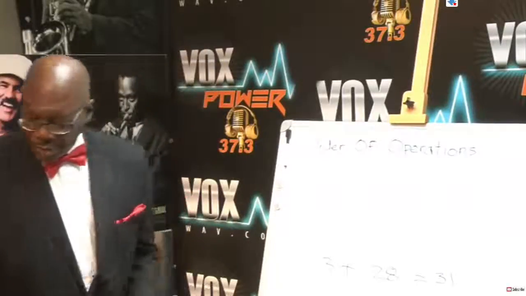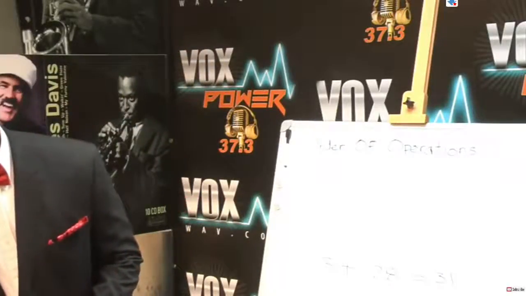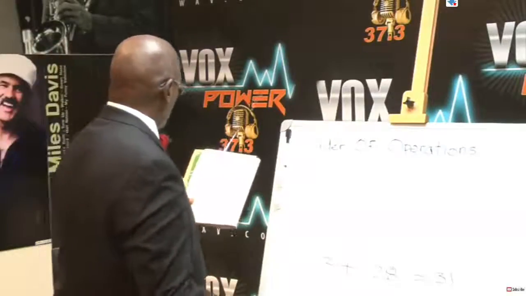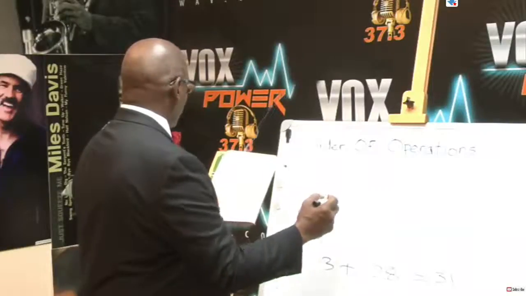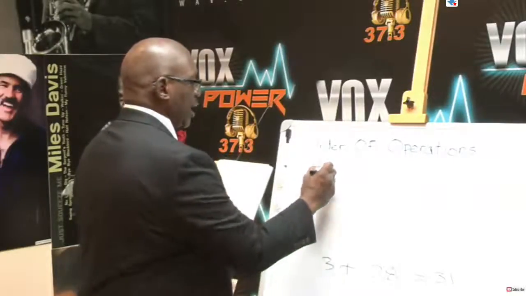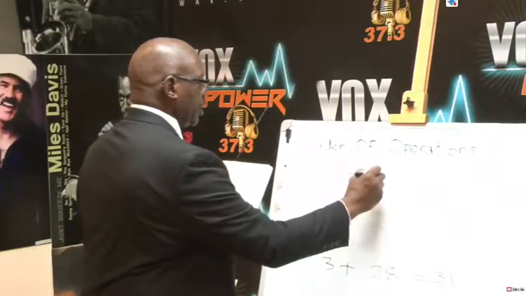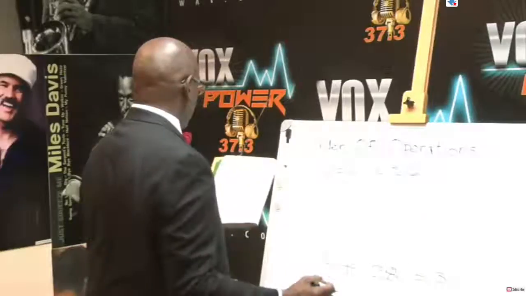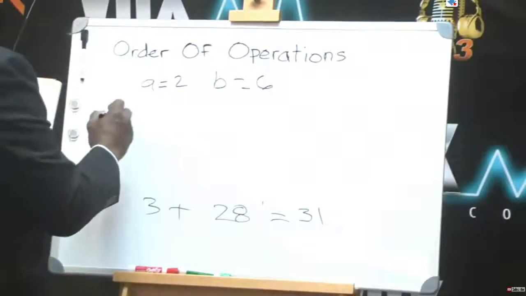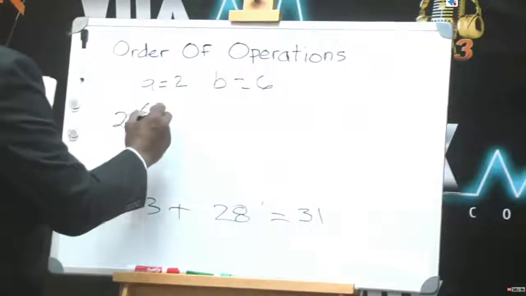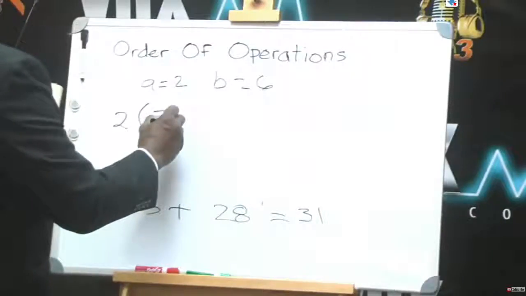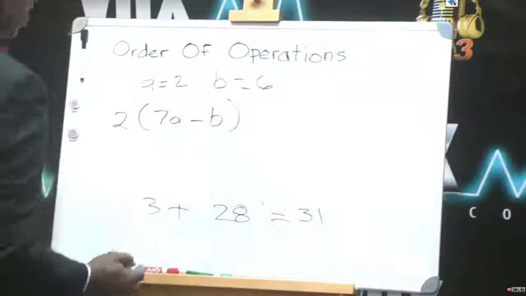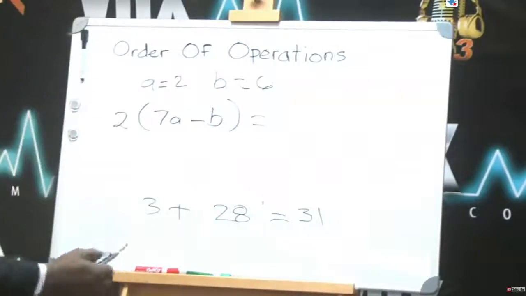Very important. Because when your teacher gives you a problem, says, evaluate an expression where A equals 2 and B equals 6, okay? And then they give you 2 times (7A minus B) equals.